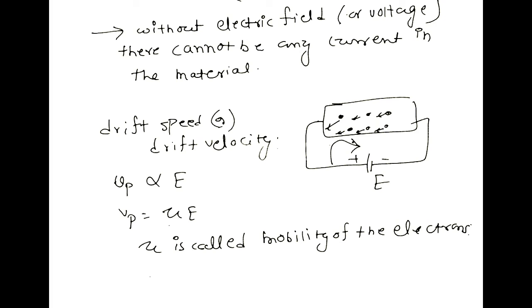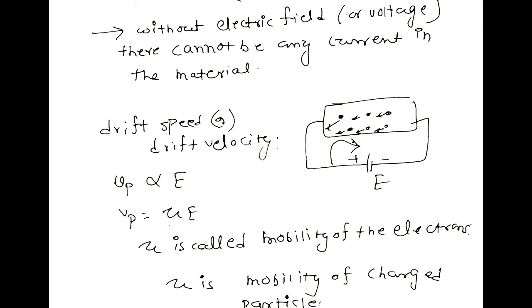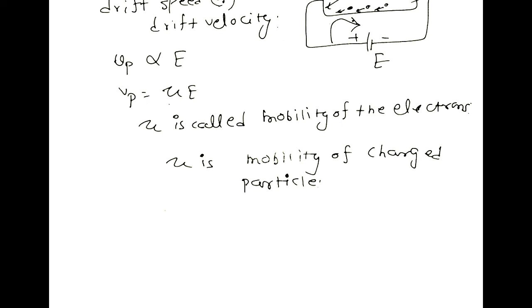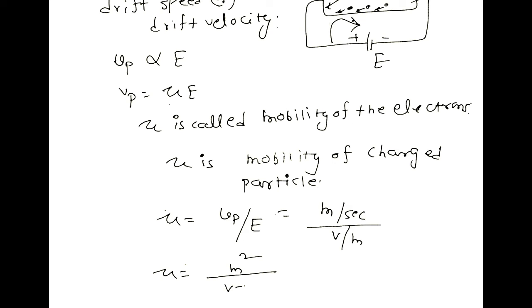In general, mu is the mobility of a charged particle. So mu is given by velocity by E. We know the unit of velocity is meter per second and of electric field is volt per meter, so the unit of mobility is meter square per volt second.